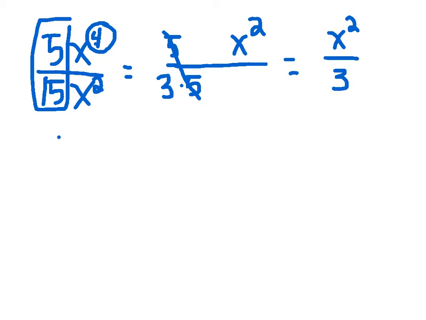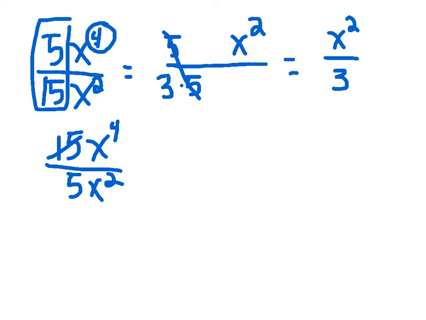If it were the other way around, if I had 15x to the fourth over 5x squared, I would have 15 divided by 5 is 3 on the top, and x squared. So with the coefficients, really, I'm dividing, but sometimes dividing 5 by 15 comes out to be a fraction that's less than 1.